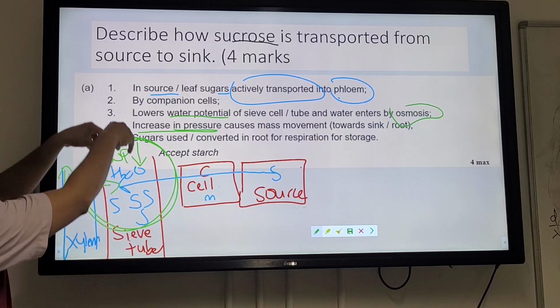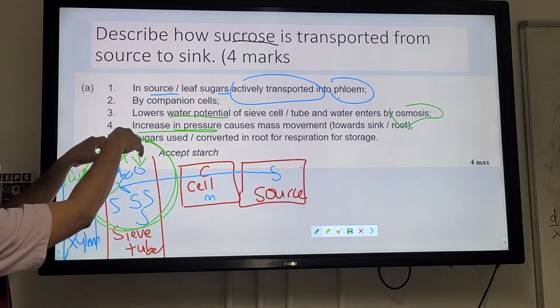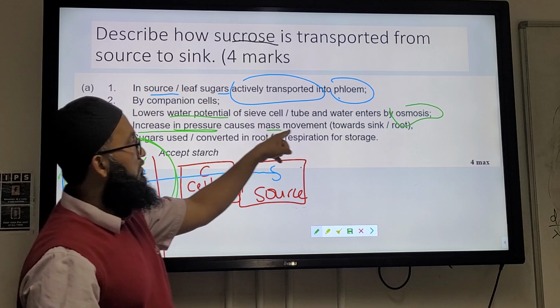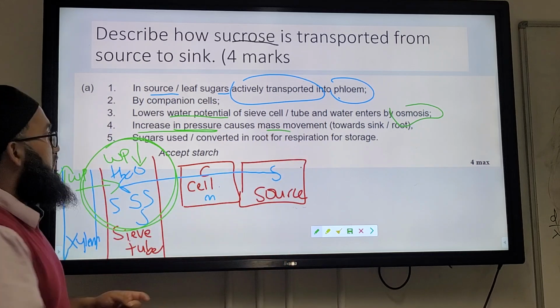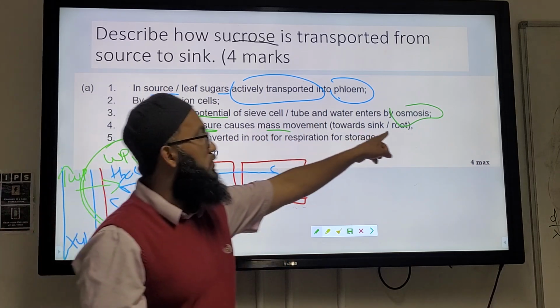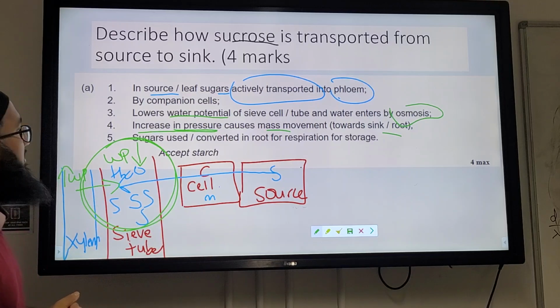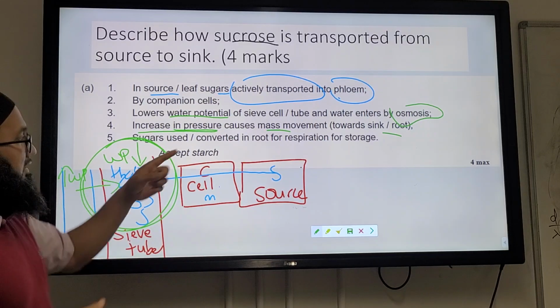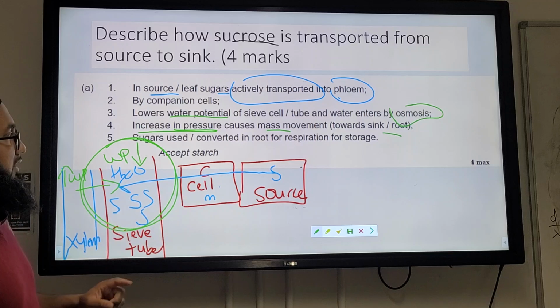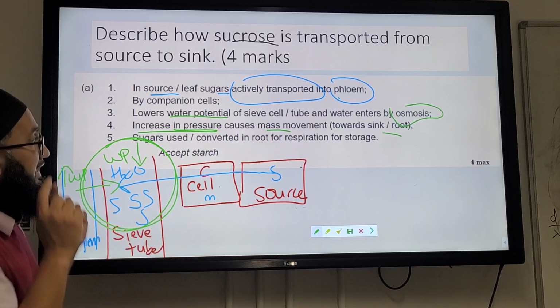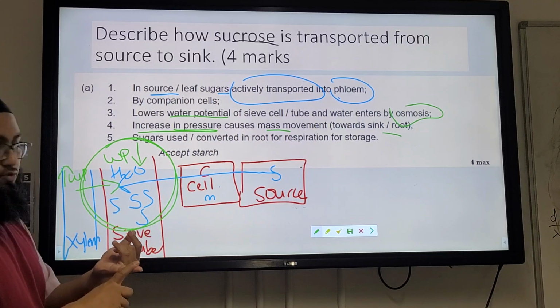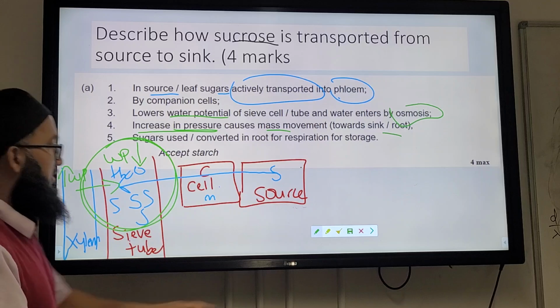Everything goes downwards towards the sink, maybe the root, where the sucrose is needed for storage or for respiration.